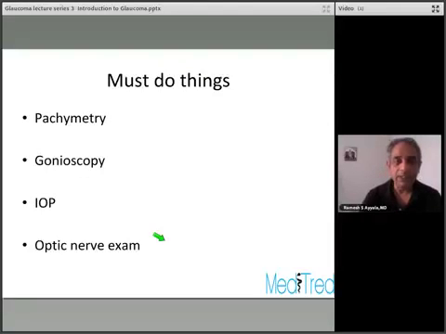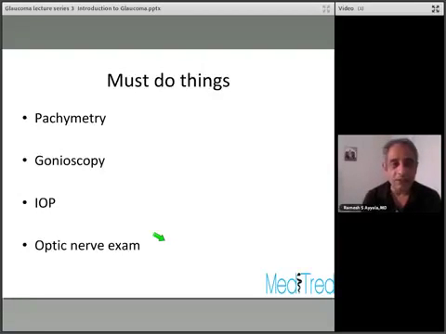So the must-do things when you examine a patient with glaucoma: one, pachymetry to measure the thickness of the cornea. As you all know, the thickness of the cornea has some bearing on the intraocular pressure measurement. The technique that we most commonly use is still Goldmann, and we all know now that the corneal thickness contributes to variations in the intraocular pressure as we measure it. And gonioscopy, which will decide whether the angle is open or not.